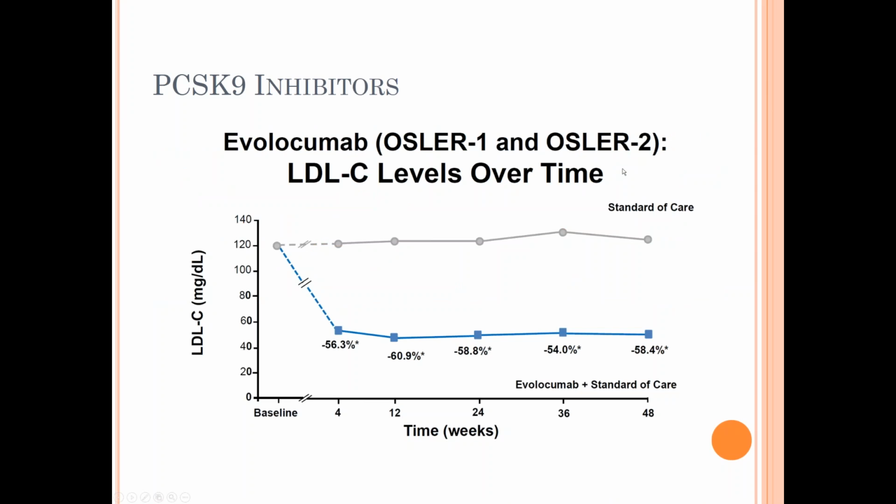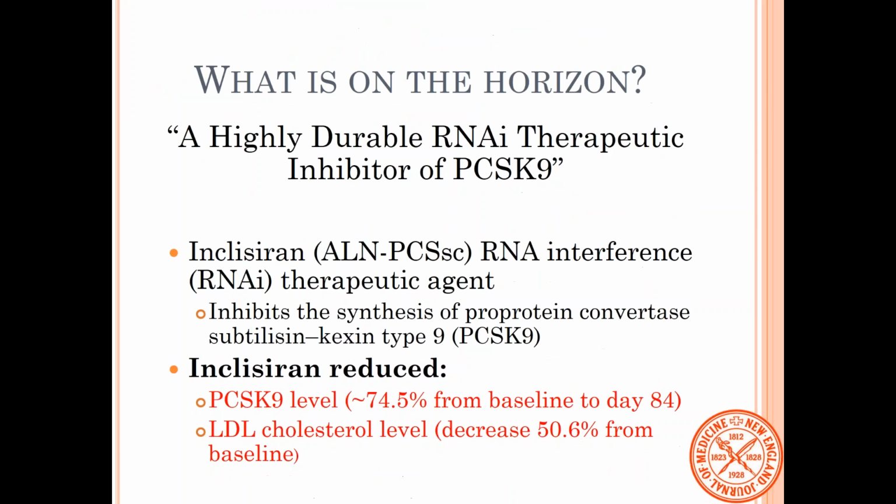And the OSLER study looked at evolocumab, and you can see that there is greater than a 50% reduction in LDL versus standard of care. There's actually another agent on the horizon, probably in a couple of years, which is an RNAi inhibitor. This agent also showed around a 50% reduction in LDL and a 74% reduction in PCSK9 levels.